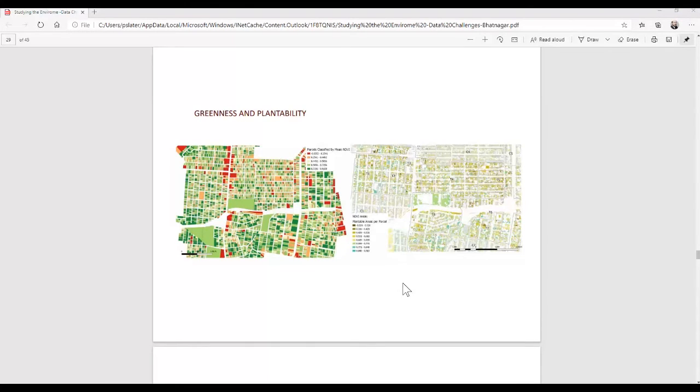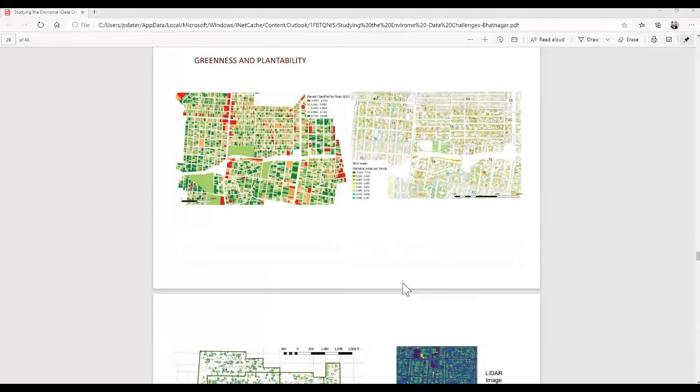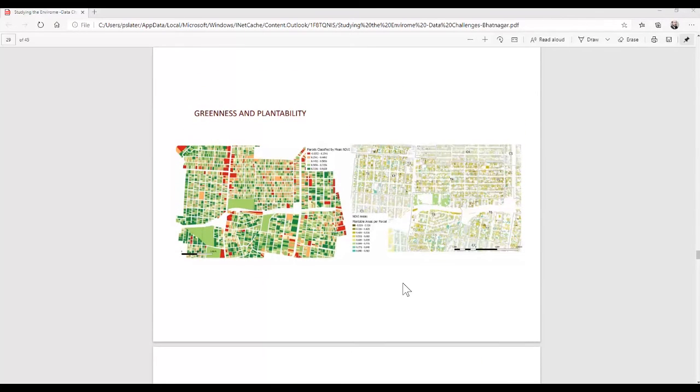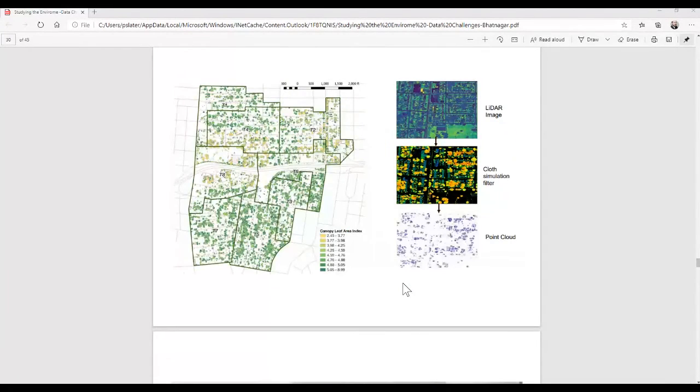Knowing this picture, we would be able to judiciously plant trees in those areas so that we could maximize or optimize the effects of greenness in this neighborhood. Next slide, please. Then we would be able to understand the different metrics of greenness, and these are very large data sets.